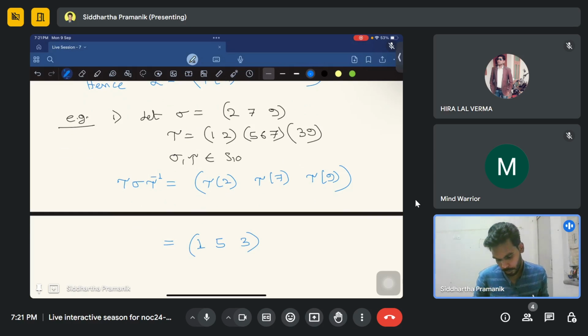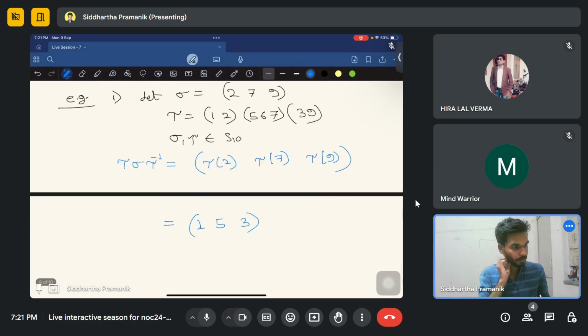Okay, so I hope you have understood this formula. Now, using this, we have found the conjugate of a cycle. So more generally, we can find the conjugate of any permutation.